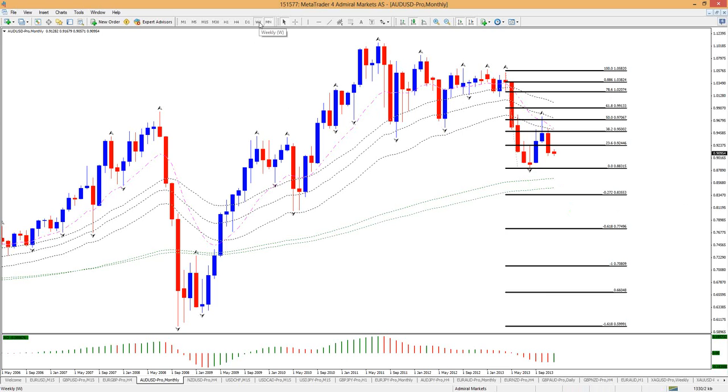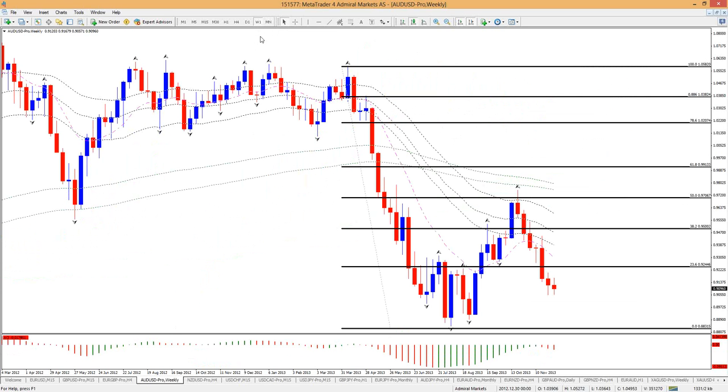So bearish, dollar looking strong against the Aussie. Even stronger than the euro, of course, and definitely stronger than against the pound. If you compare those, euro dollar, pound dollar, and aussie dollar, euro dollar was moving up, but was correctively moving up.